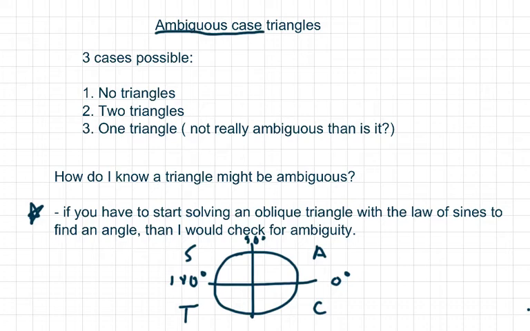If you started with the 180 rule, it's not ambiguous. If you started with the law of cosines, it's not ambiguous. If you started with the law of sines, finding a side, it's not ambiguous. It's only the law of sines when you're finding an angle, the very first step, that you would check for the ambiguous case. So I'm going to jump ahead, I'm not even going to go to the questions.